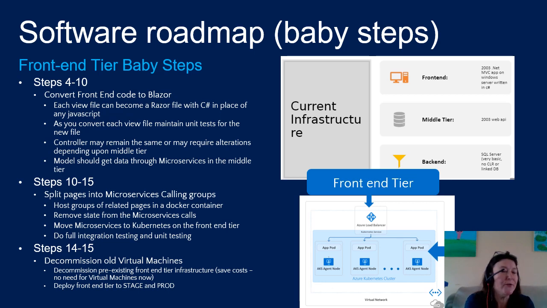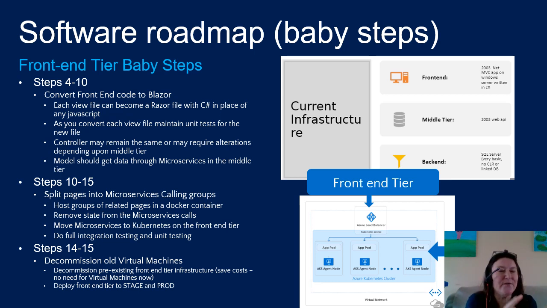So each view file that you had in your old environment at Contoso Bicycles, which might have been an old MVC app in ASP.NET, and the front end might have been Razor JavaScript or something like that, you convert the view file from Razor JavaScript into C# for Blazor and use Blazor.